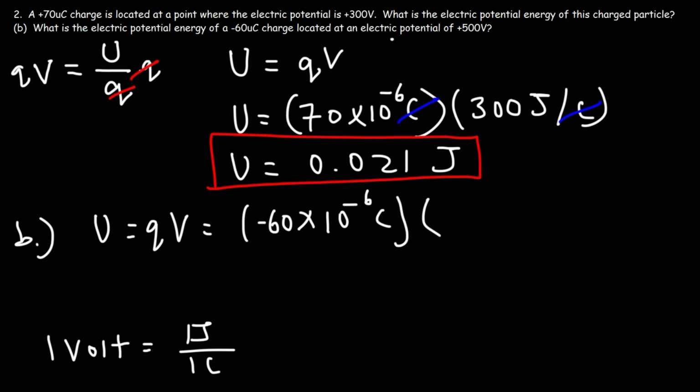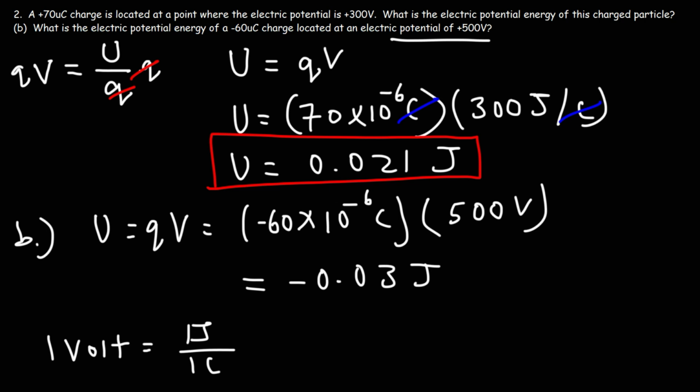And this time, the electric potential is 500 instead of 300. And so this is going to be negative 0.03 joules. So that is the electric potential energy of a negatively charged particle with an electric potential that's positive.